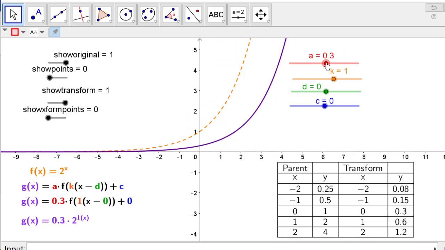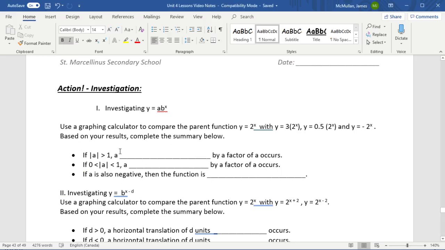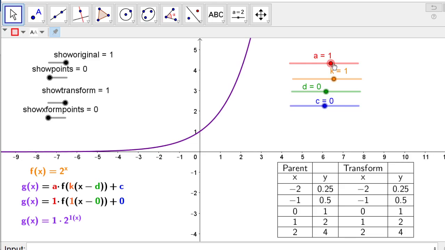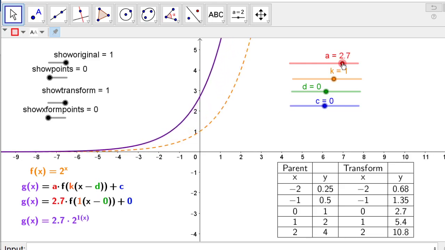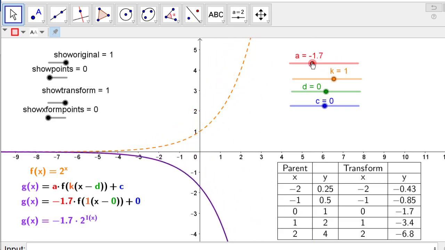Okay, so let's make a 1, and you can see you get exponential growth, and it goes through (0, 1), (1, 2), and (2, 4). Okay, so compare the function with all these other ones based on the table below. If I make a a large number, it causes the graph to rise more rapidly, or if it's a large negative number, it falls more rapidly, right?